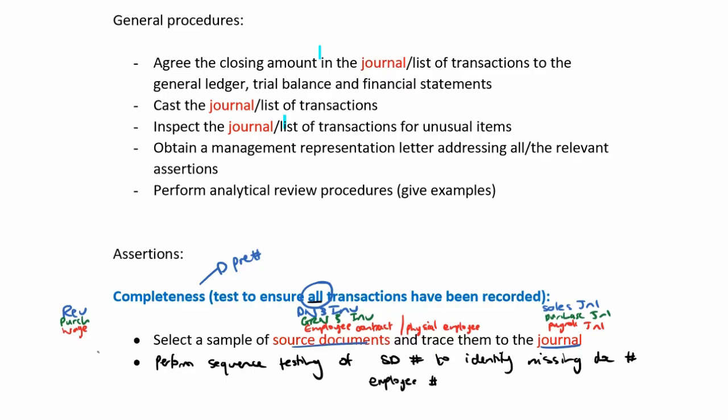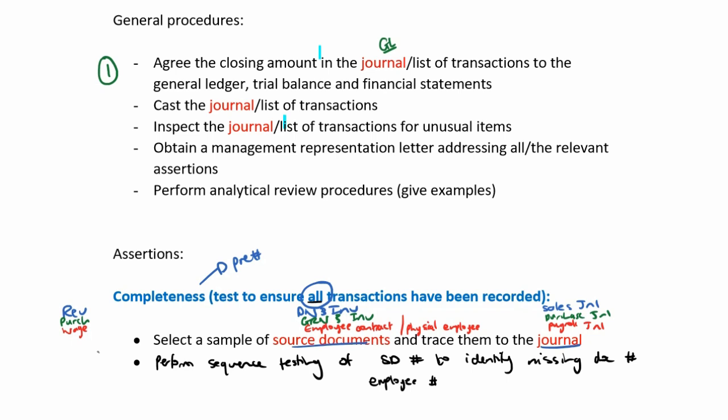So guys, this is your substantive procedures document, the first document that we worked on when we did our first lecture on substantive procedures. And you'll see, when we're looking at our class of transactions, the general procedures are always first. So I'm going to have to go and agree the closing amount in the GL now, because yes, we are looking at the transactions, but it's for a balance.